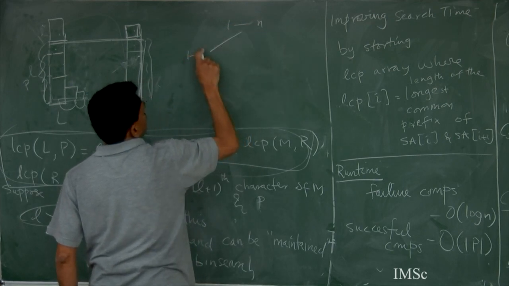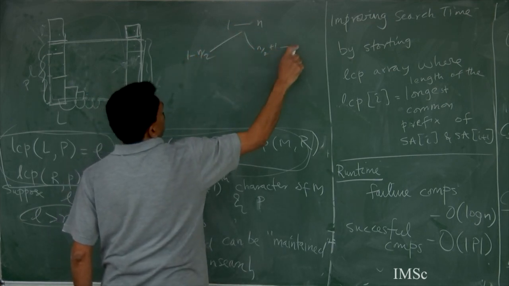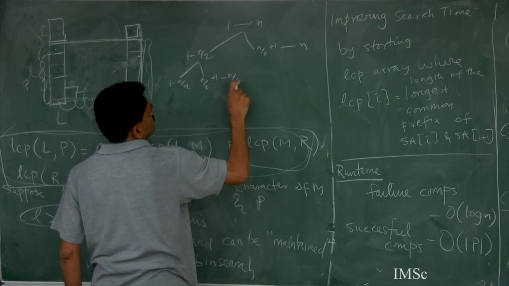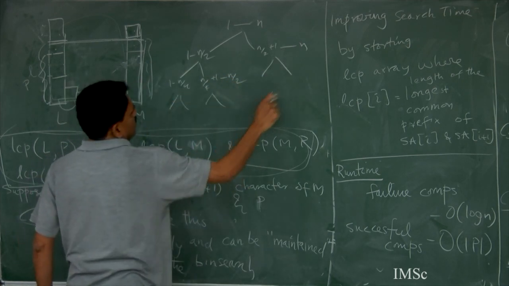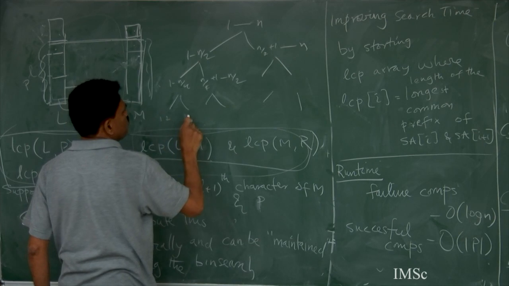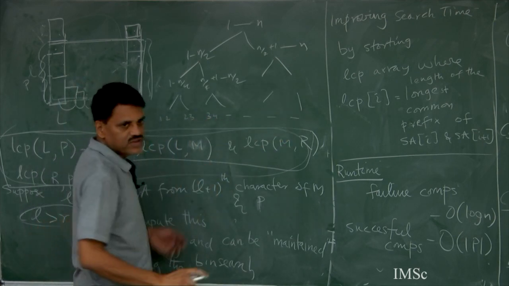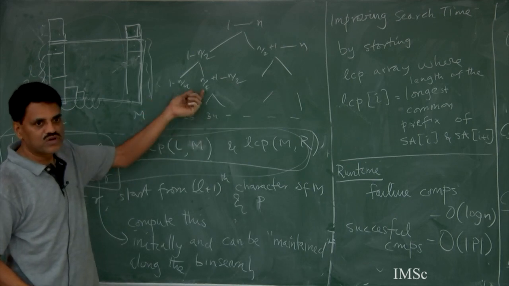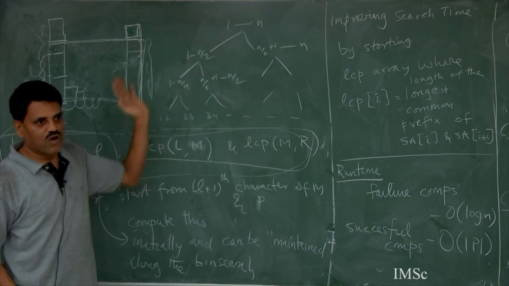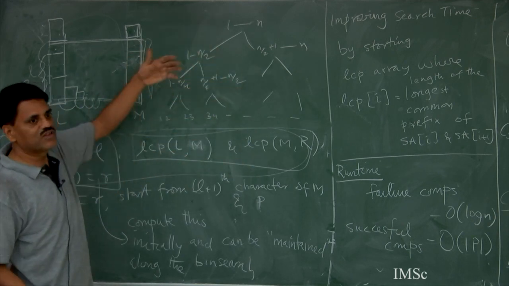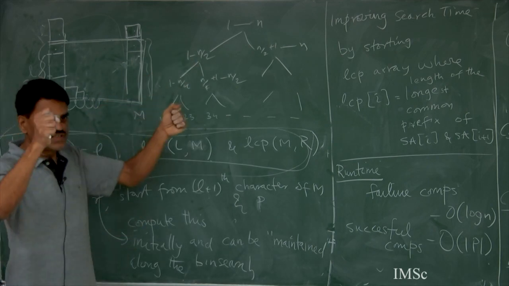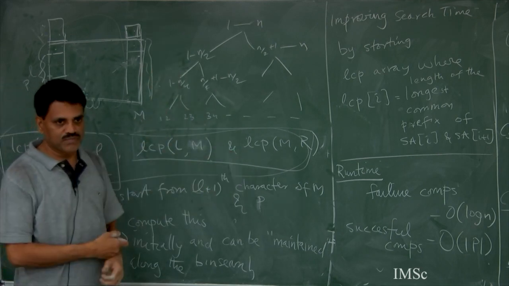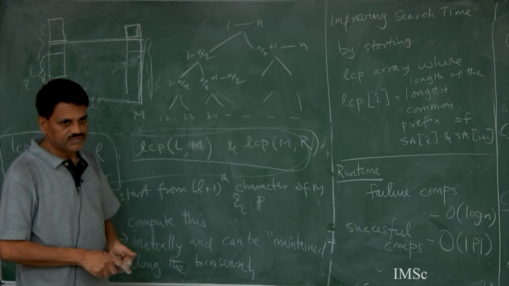Binary search will do 1 to n by 2 and n by 2 plus 1 to n, then 1 to n by 4, and so on, eventually 1 to 2, 2 to 3, 3 to 4, the leaves which you already computed. So take the min of these two and propagate it up to these nodes, and it's again an order n computation. You keep this tree with you, where you know the LCP of the entire interval. So when you need it here, it's there for you to pick up.